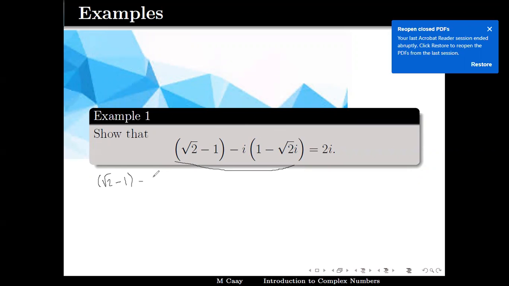So I'll get negative 1, negative i plus square root of 2 i squared. And remember, i squared is negative 1. So I can have square root of 2 minus 1 minus i.